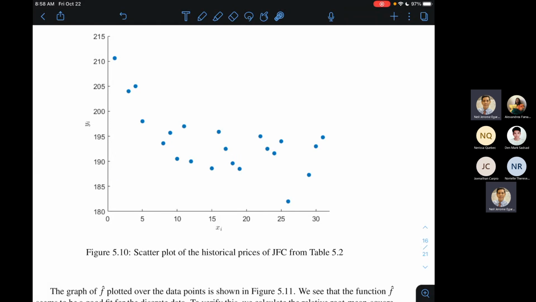And then you will see here na hindi ganon ka-linear yung behavior ng data. So it makes sense to try a quadratic function kasi yung part na to parang nagre-resemble siya ng parabola. Meron nga lang tayong ilang mga isolated points.